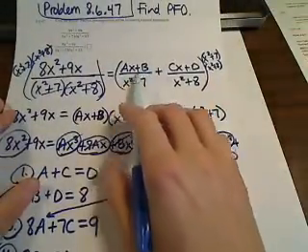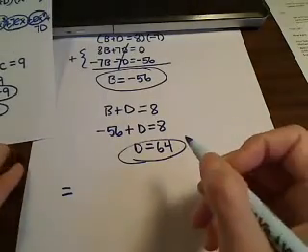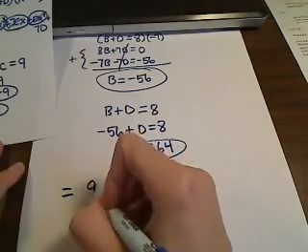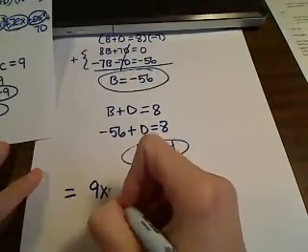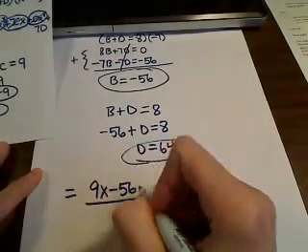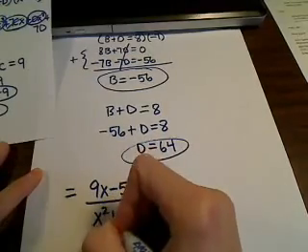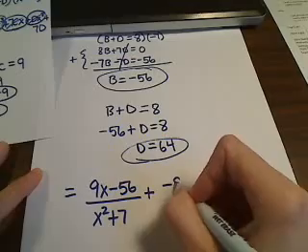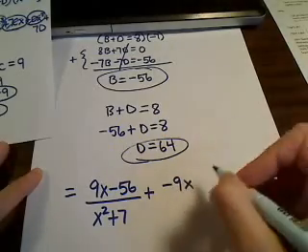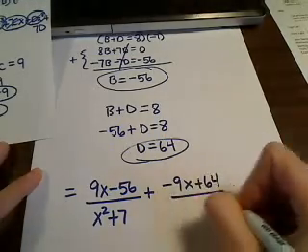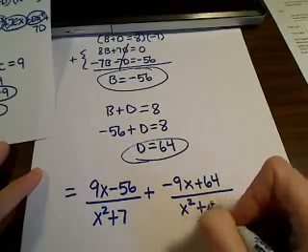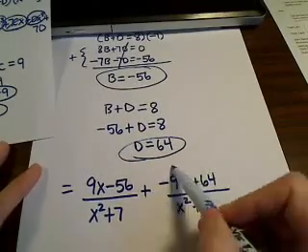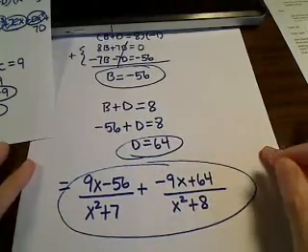It was this over here, ax plus b, and then cx plus d. So we found a to be 9, so we have 9x minus 56 over x squared plus 7. And then we have plus, the c is negative 9x, and then d is 64, all over the x squared plus 8. Okay, so that would be your answer on that one.